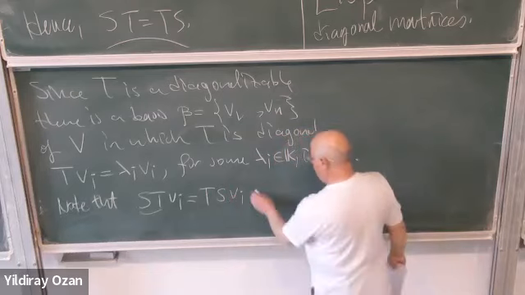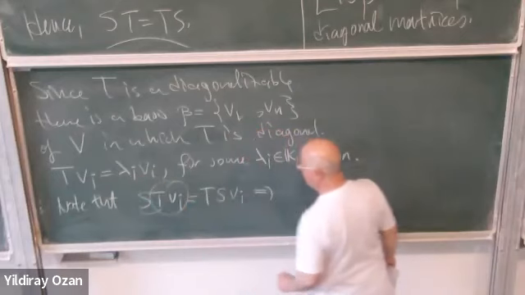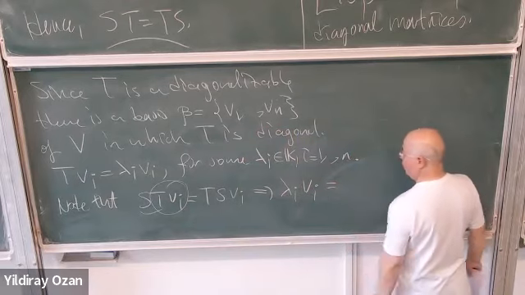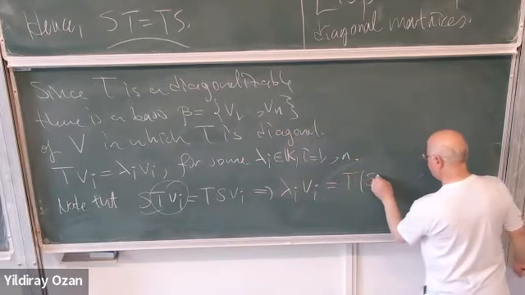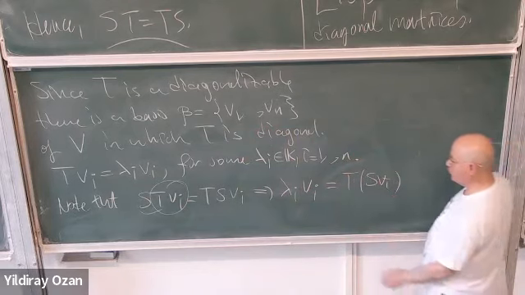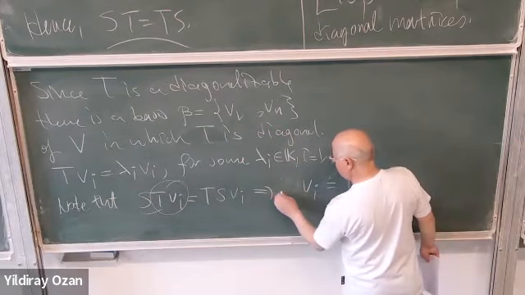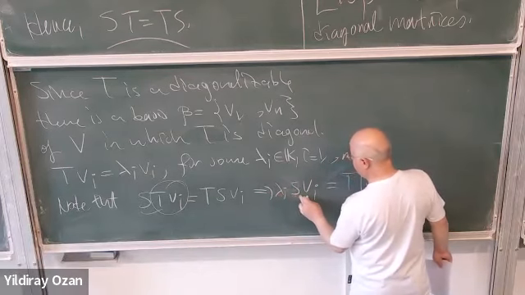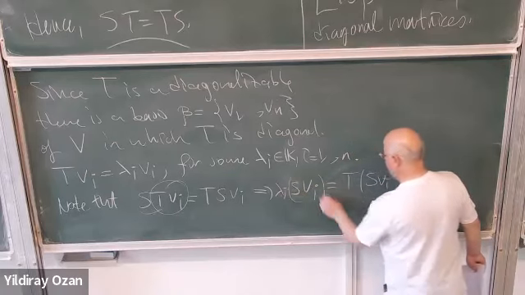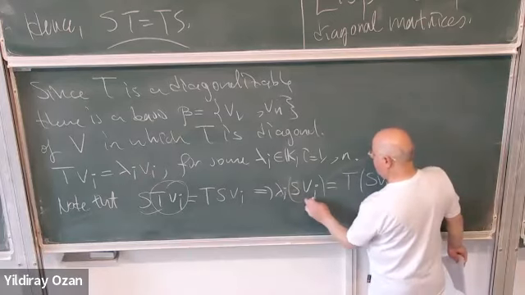But for the left-hand side, T times vi is just lambda i times vi. So I have lambda i times S times vi is equal to T times S times vi. Because this is linear, I can just take lambda i outside. So what we see is this: T times S times vi is just lambda i times S times vi.